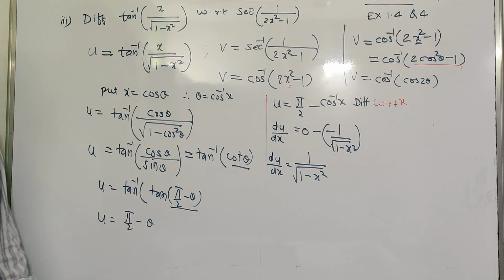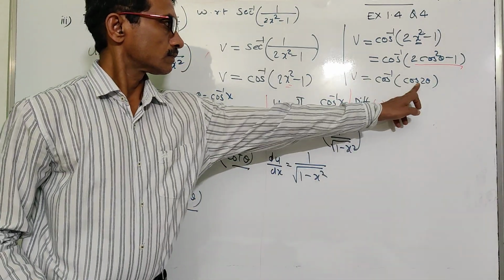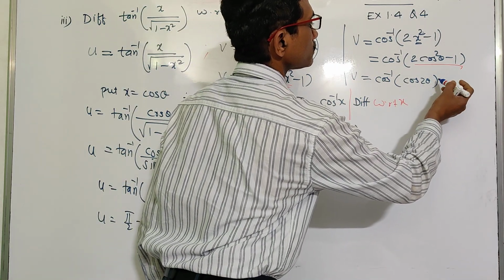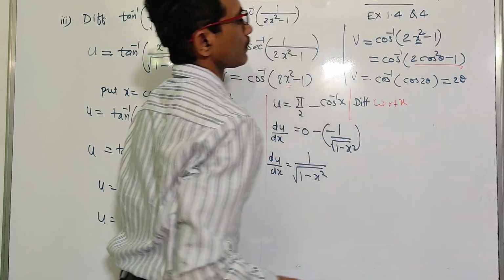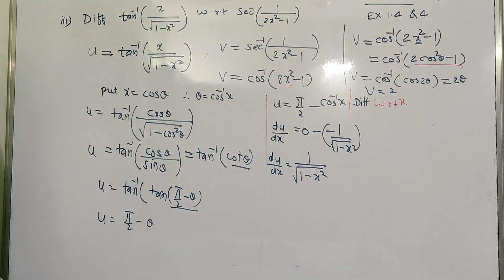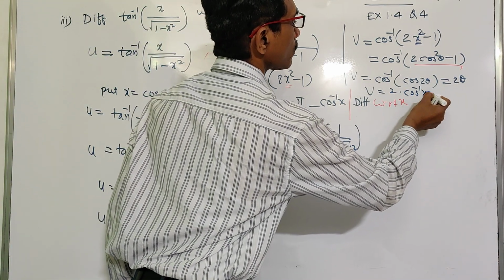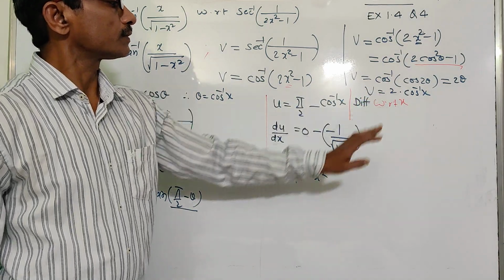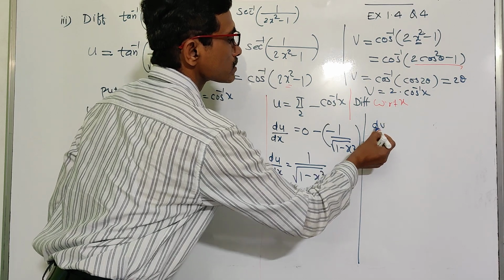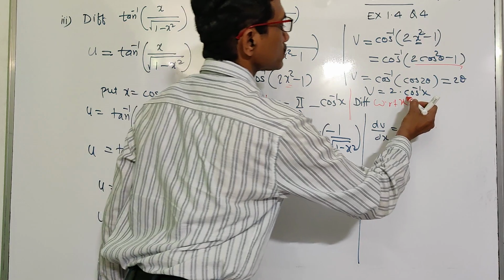Then again differentiate with respect to x. See, cos inverse of cos of 2 theta is 2 theta, therefore v is equal to 2 times theta. Theta is cos inverse of x, and now differentiate it with respect to x, so that dv by dx is equal to 2 times the derivative of cos inverse.